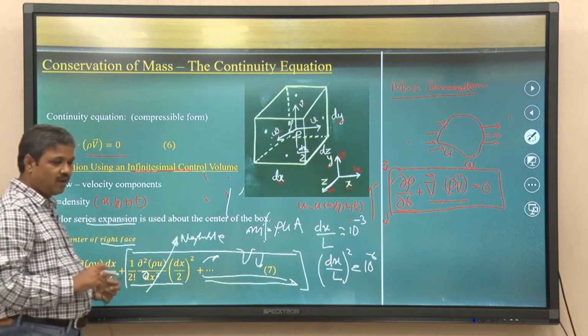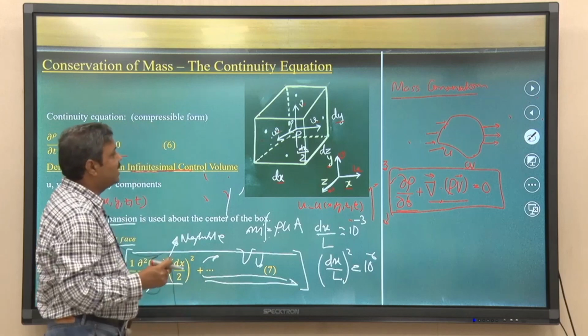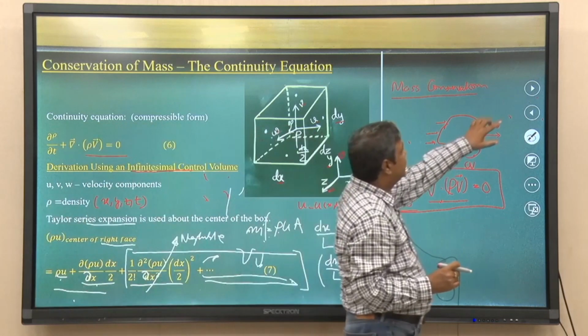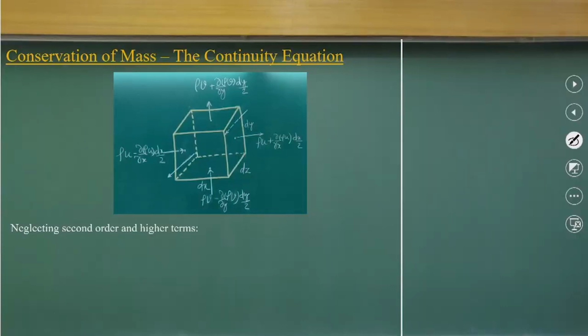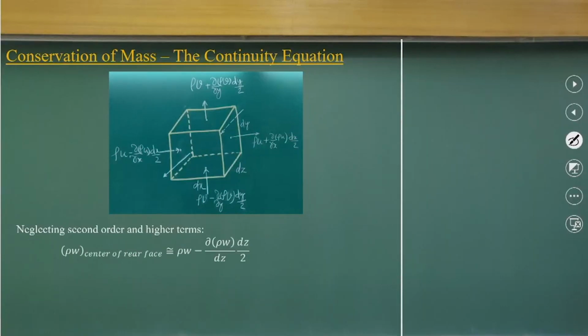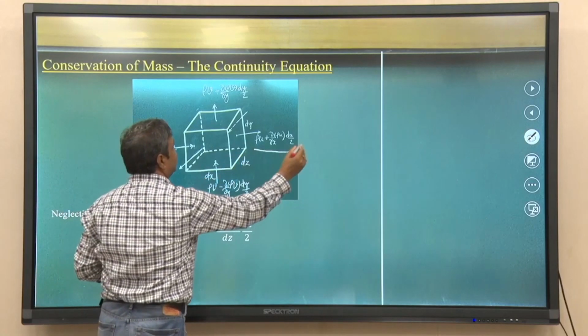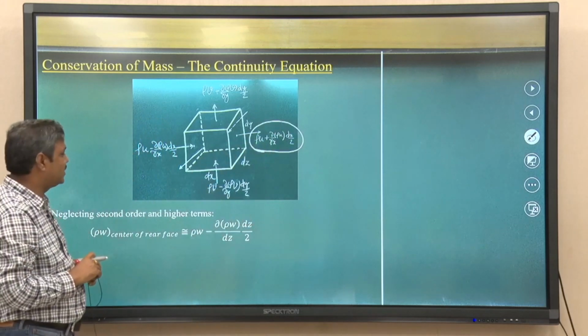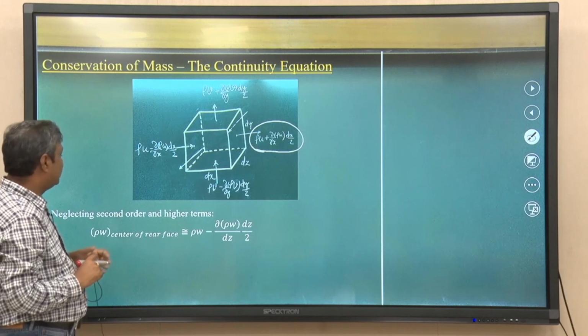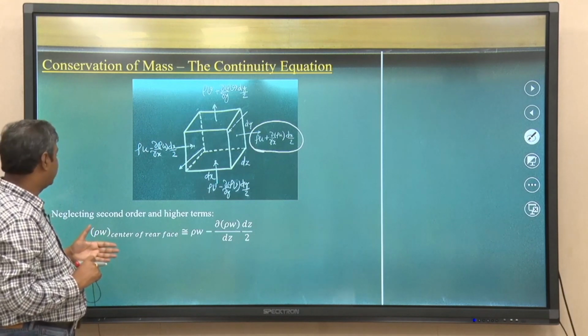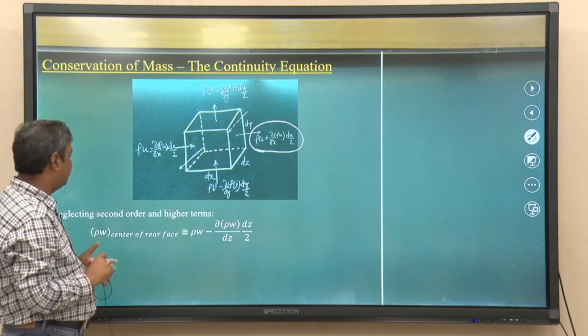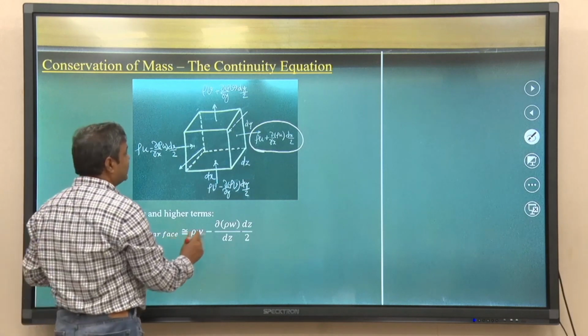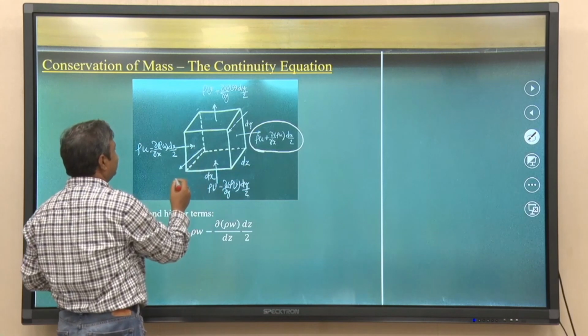That is the basic component, and if you look at it that way, what will be the velocity component at the center of the rear face? That means we are getting the velocity component at this point. That is what we got from the Taylor series. The same way, I can write the velocity component of the rear face in the z direction.